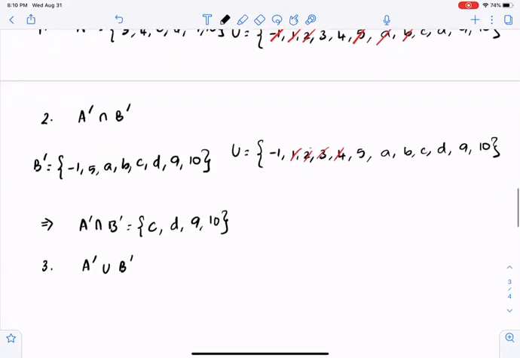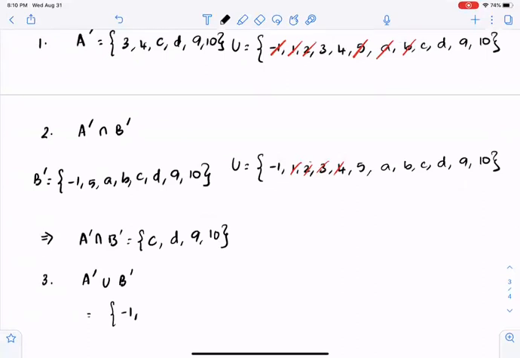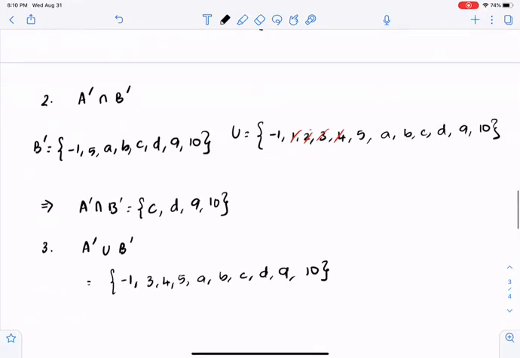I have -1, 3, 4, 5, A, B, C, D, 9, and 10. So A complement union B complement will be those elements.